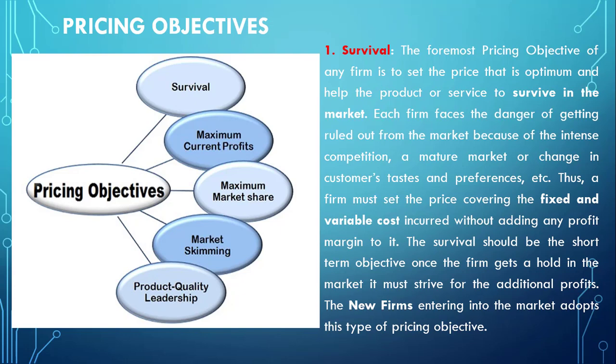You are just trying to survive, to stay in the market, and eventually cope with the competitors and get back to the maturity stage. So this is known as survival. You are going to lower the price to the level of your total cost. It is known as the survival objective or survival strategy.